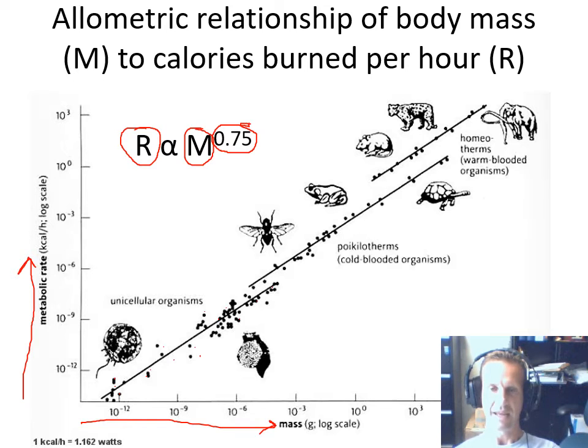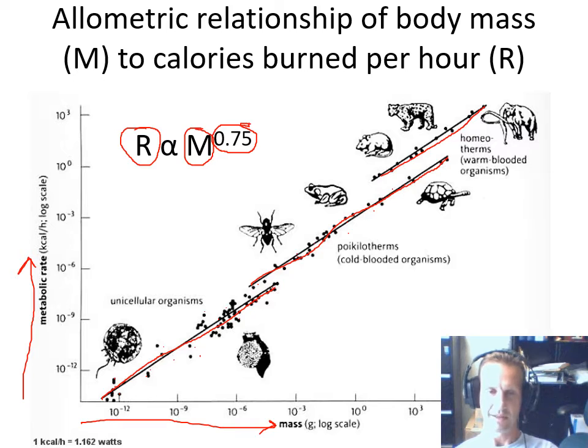So by making those actual empirical measurements of many, many organisms of different sizes and what their metabolic rates are, we're able to fit regression lines to these relationships and come up with a fairly consistent relationship between the mass of the organism and its metabolic rate. One of the interesting things to see here is that the type of organism, not just the size, affects this relationship.